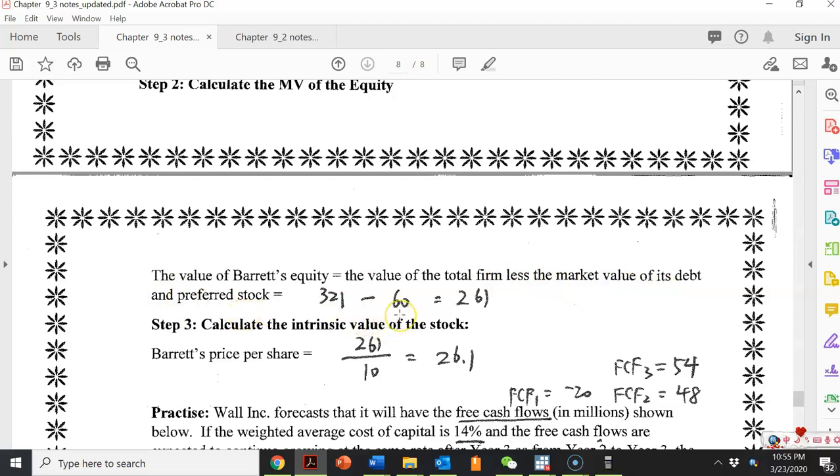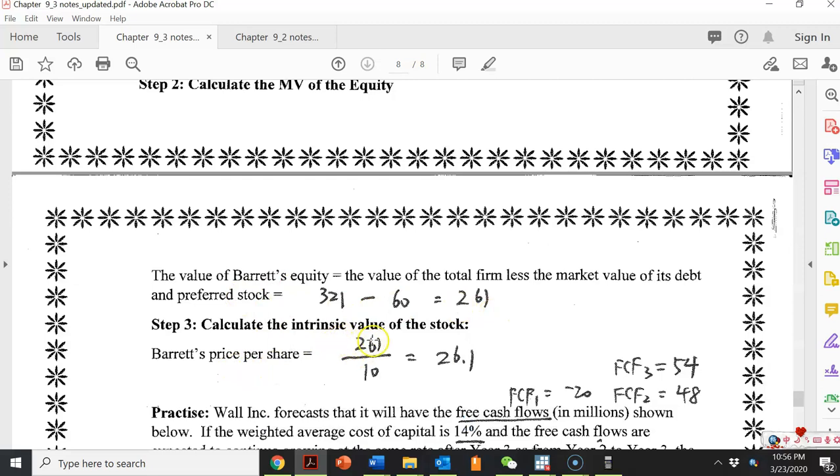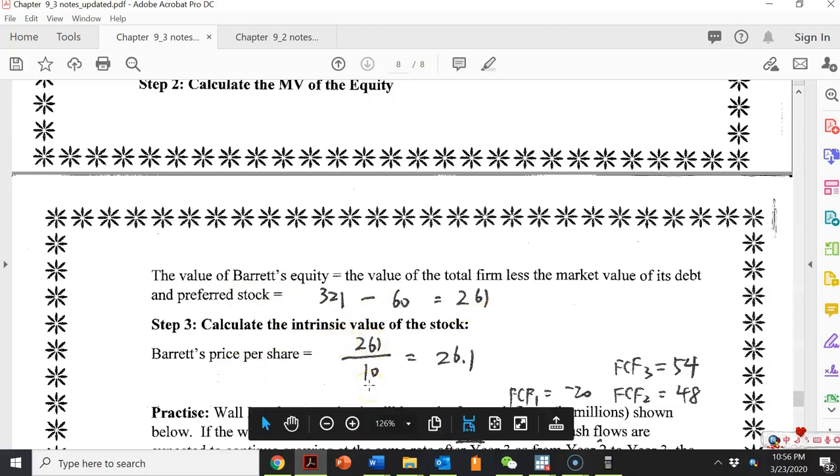It's given in the question as 60. So we have 261 as the value of equity. Step 3, we calculate the intrinsic value of the stock. The stock price per share is this value of equity, 261, divided by the number of shares, 10 million. So we have 26.1 as the stock price for this firm.